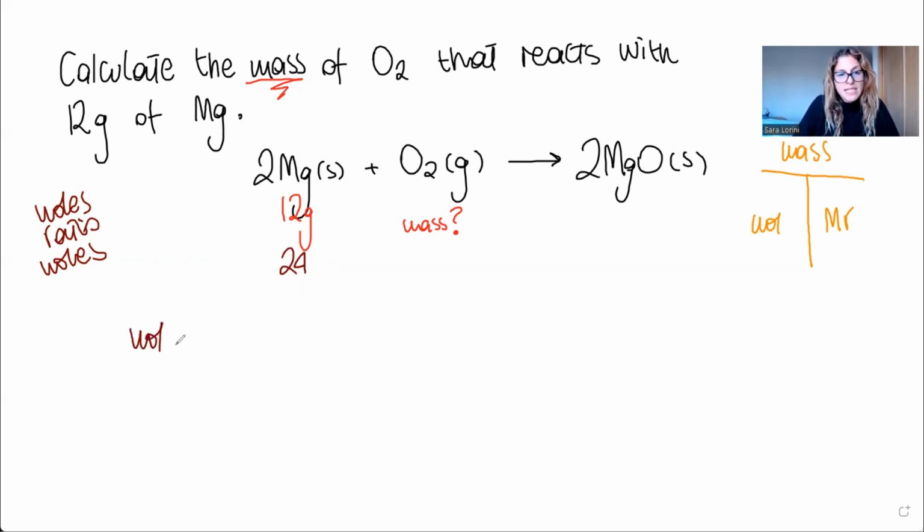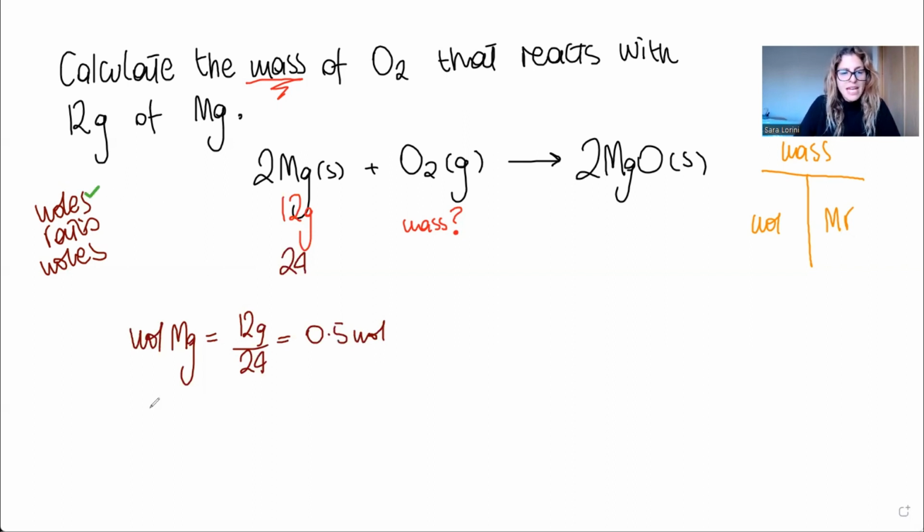Very important, be tidy, write labels and units of what you're finding, because like this you give a meaning to every number. So moles of magnesium is equal to 12 grams divided by 24. So mass over MR is equal to the moles. And that gives us 0.5 moles. Great. First step, it's done.